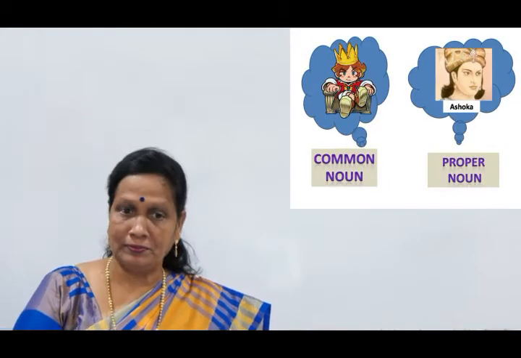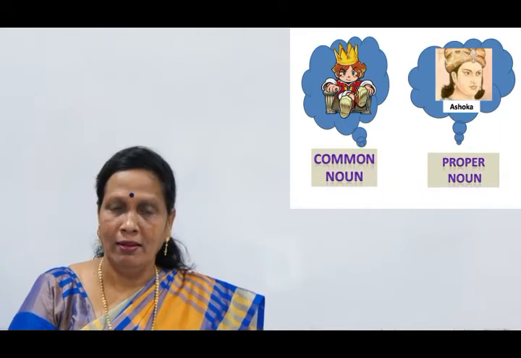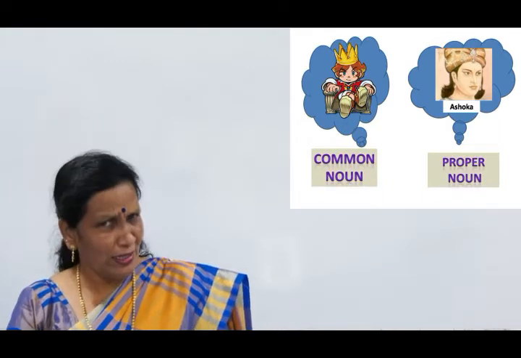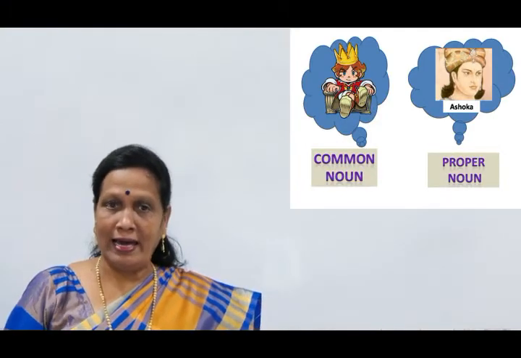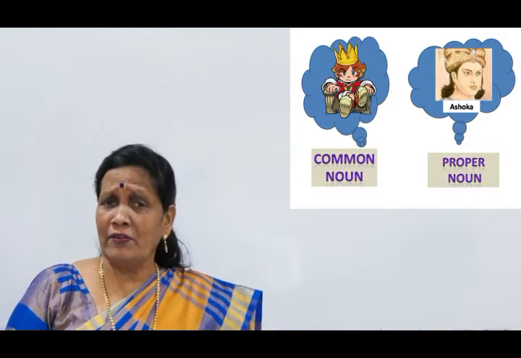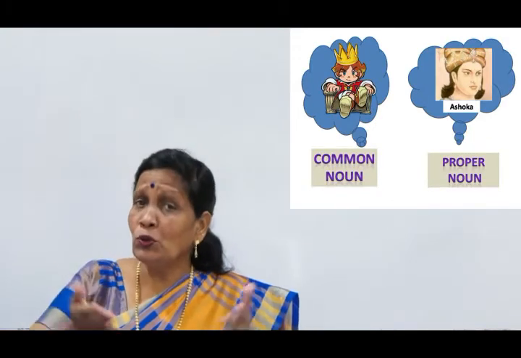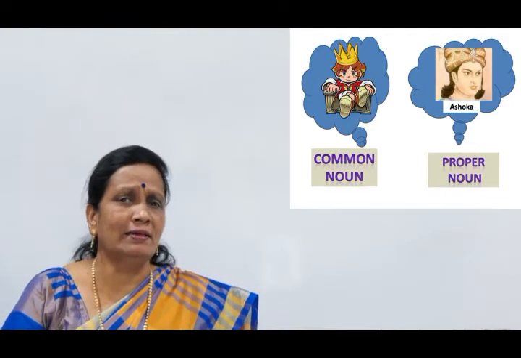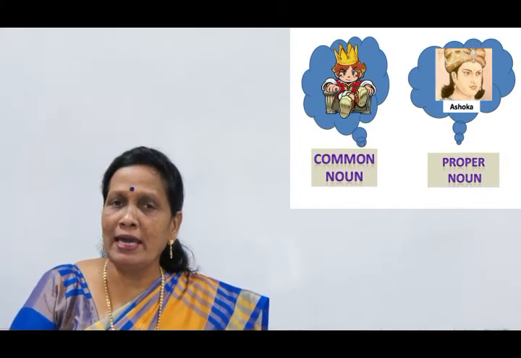Look at the two pictures on the screen, children. What do we see in the first bubble? We see the picture of a king, isn't it? We all know a king wears a crown and he has a very royal appearance, okay? And he rules the kingdom. And we also know that there were many kings in the past. So, this is the picture of a king.